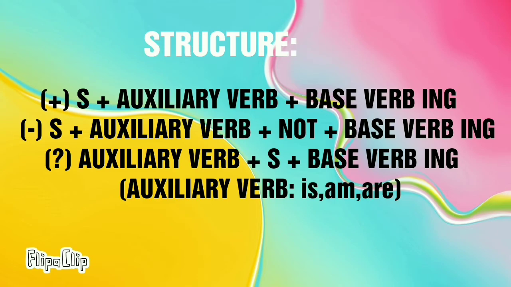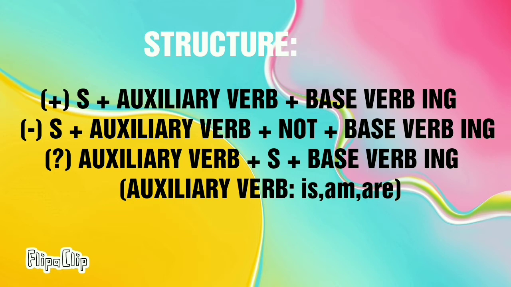The structures of present continuous tense: if statement, the formula is subject plus auxiliary verb plus base verb plus ing. If negative, subject plus auxiliary verb plus not plus base verb plus ing.